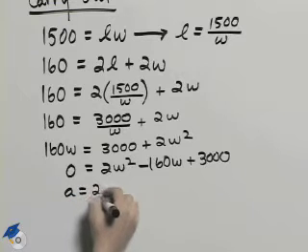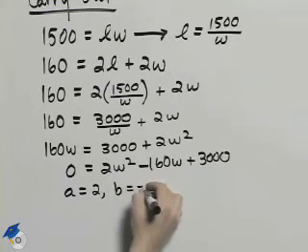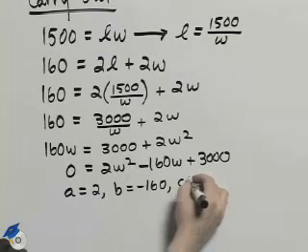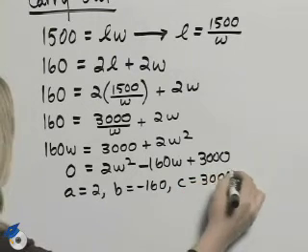We have A equal to 2, B equal to negative 160, and C equal to 3,000.